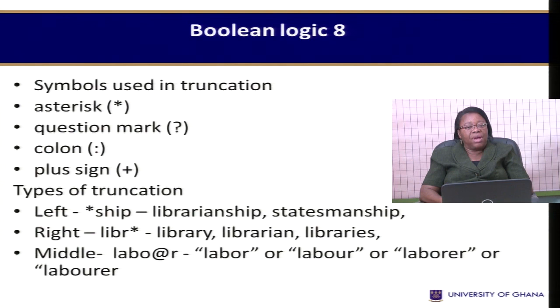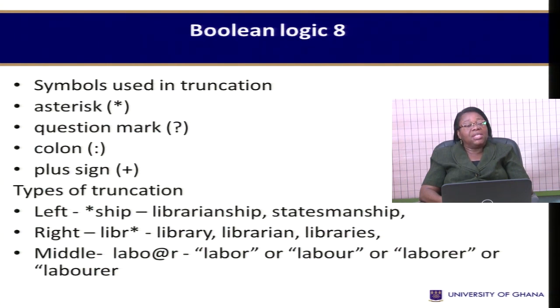We have left truncation, where the symbol is on the left and the stem is on the right. So for instance, if you have asterisk ship, the computer can bring out words such as librarianship, statesmanship, relationship, and the different kinds of words which end with ship.